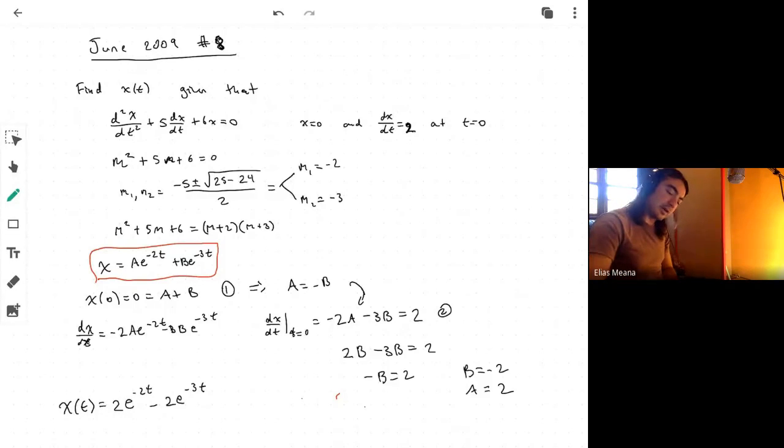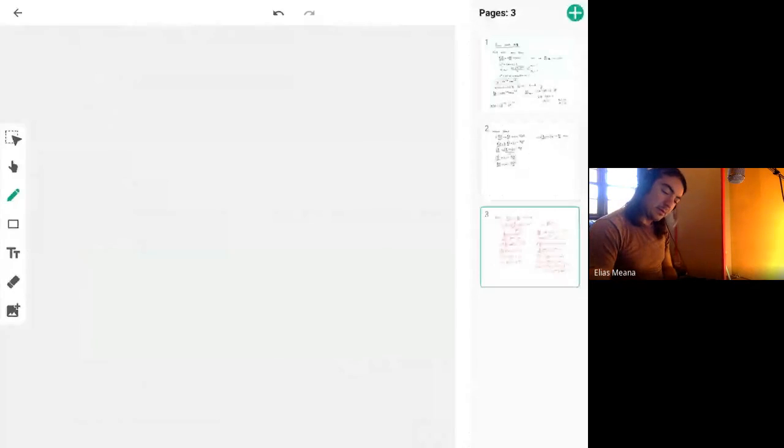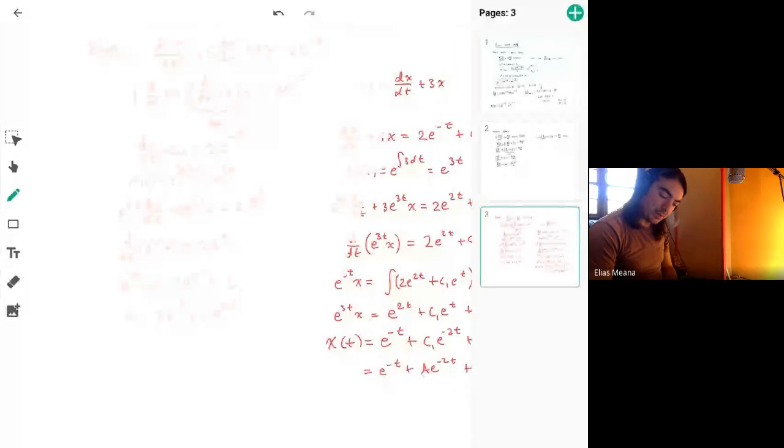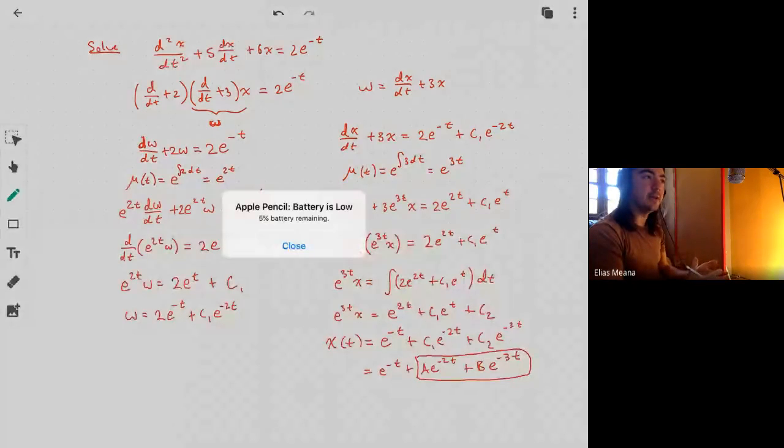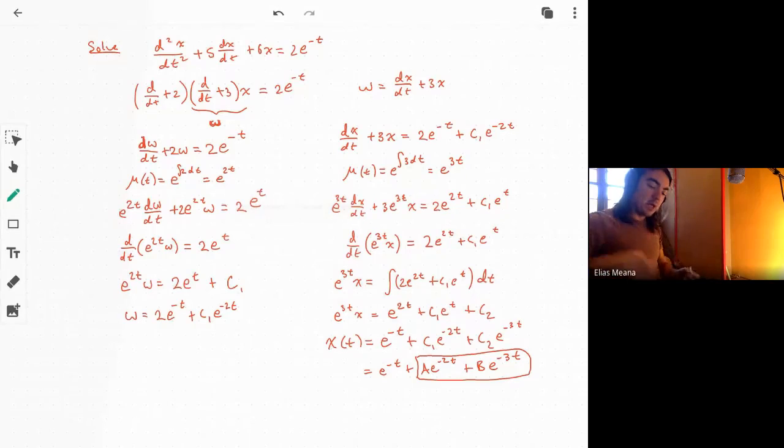Well, if you look at the solution we just came up with, that's these second two terms right here. So somehow the homogeneous solution shows up as part of the solution, even though the e to the minus t wasn't there.